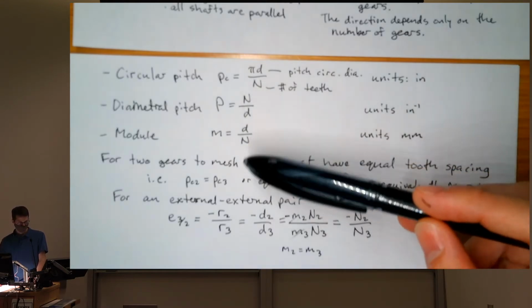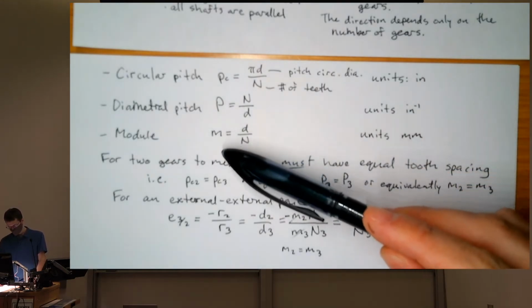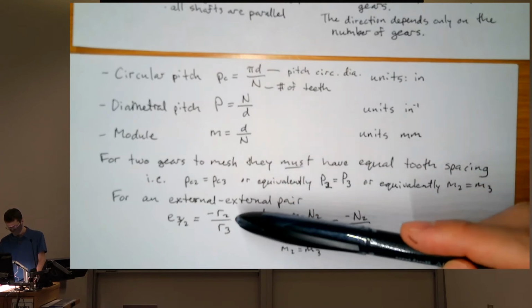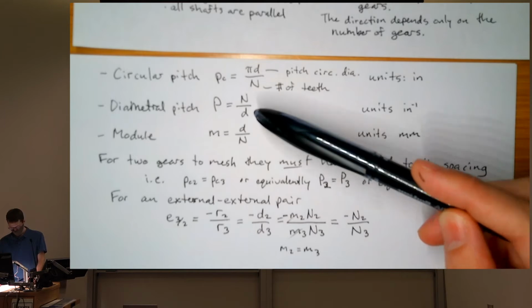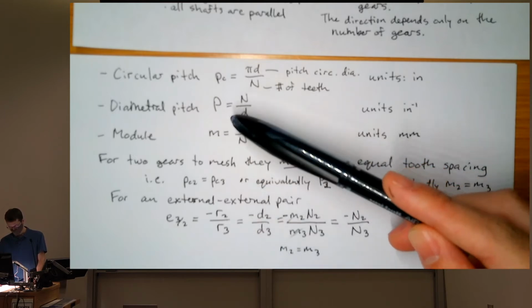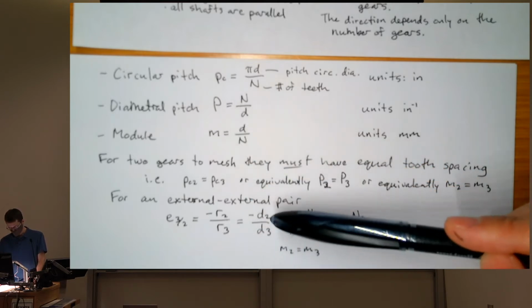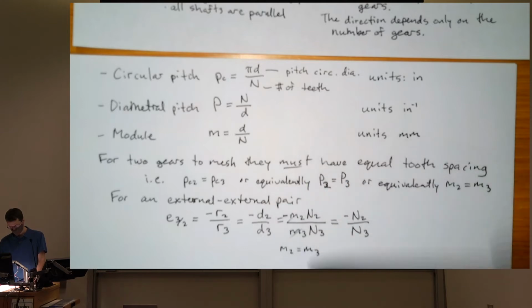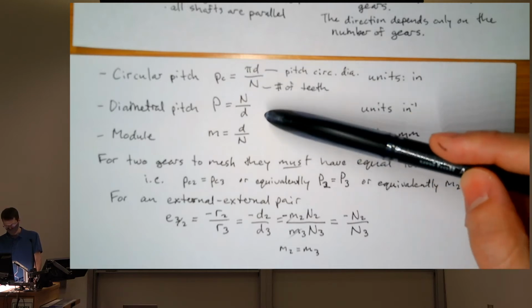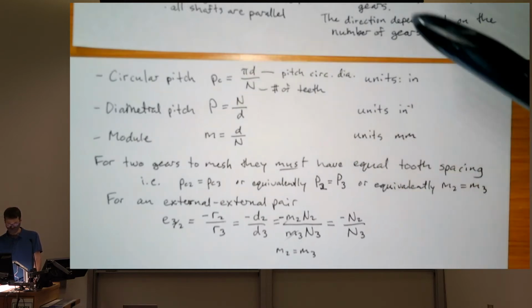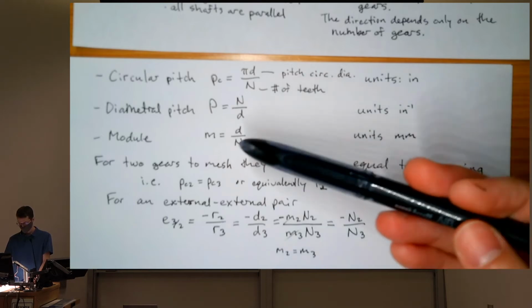You could use any of these measures. I used M, but you could have used P. You could have written here that D2 is equal to N over P. And you could write that in, and then you would have a P2 in the bottom, P3 on the top. They would cancel because they're equal. And you could do the same thing with the circular pitch. The pi's would cancel immediately, and the PCs would cancel as well. So it doesn't matter which one you choose.